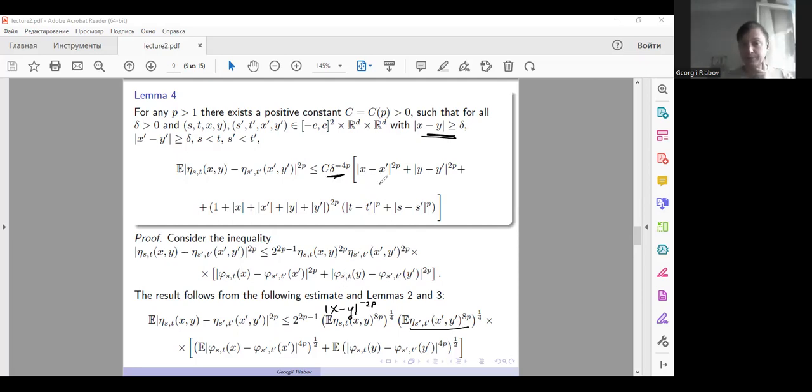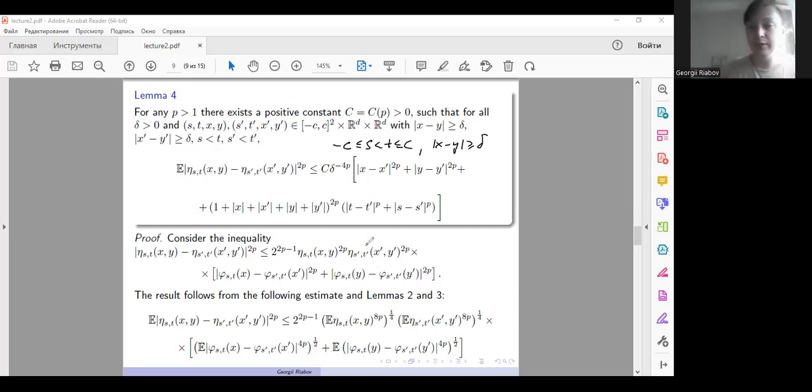Okay, and what is in the brackets? Again, this is a direct consequence of theorem 2. So as a result, the process eta has a continuous modification in the region minus c less than s less than t less than c, norm of x minus y greater than or equal to delta.